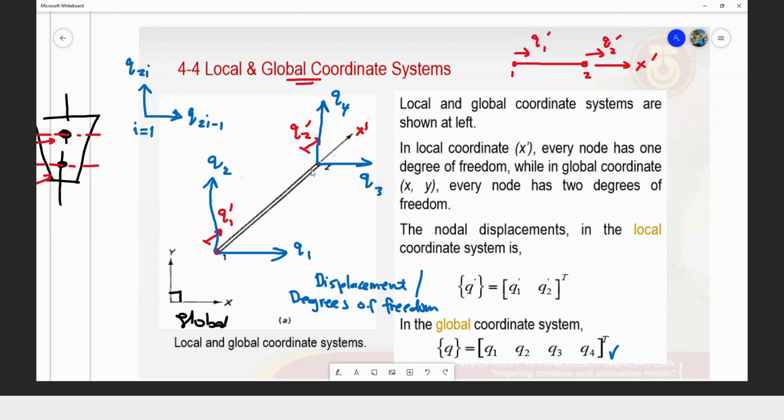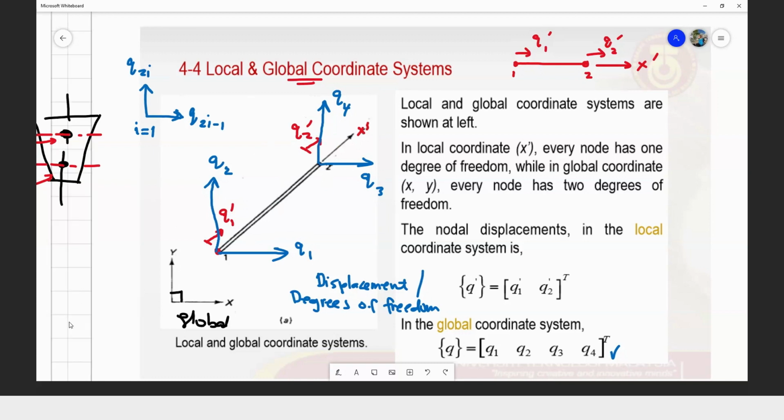So bila kita tengok dia secara local, Q1 hanya dalam arah X, Q2 juga dalam arah X, which is exactly macam bar problem yang kita tengok sebelum ni. Cuma bila kita tengok dia dalam global coordinate system, kita dah ada 2 degrees of freedom pada setiap nodes. Maksudnya pada node 1 ni, dia bebas bergerak dalam dua arah, arah X dengan arah Y.